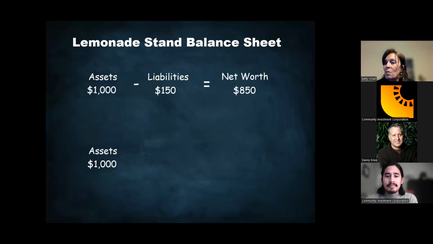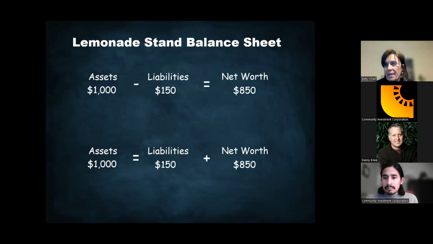Or placing the equation in the other format, assets are $1,000, and that equals liabilities of $150 plus our net worth of $850. So that is the brief description of how the balance sheet is built.